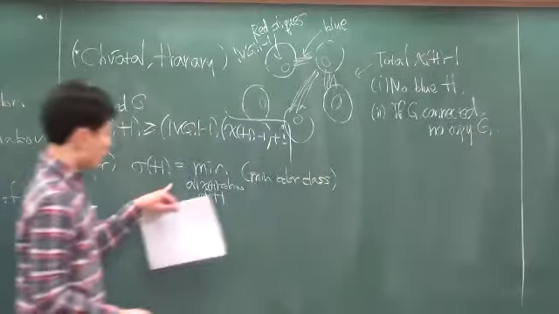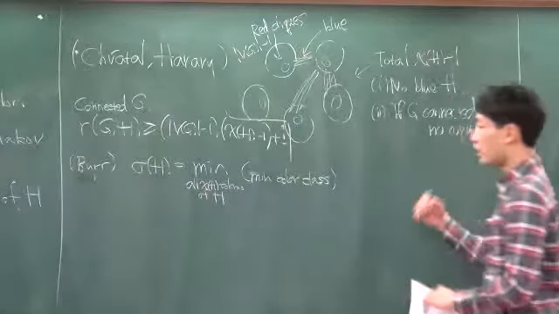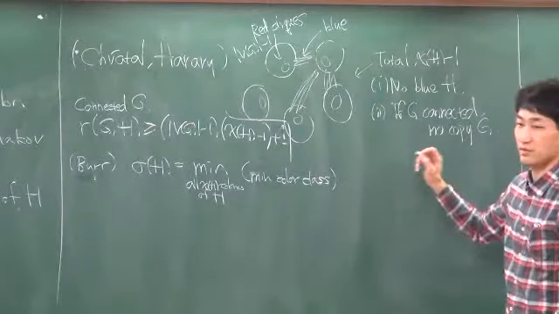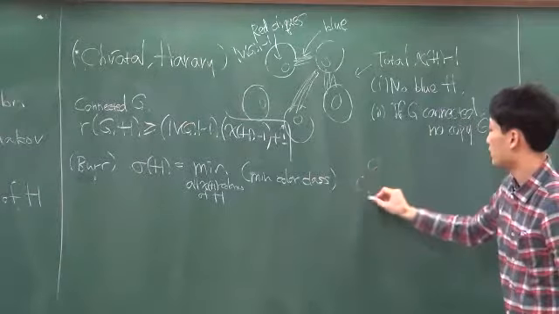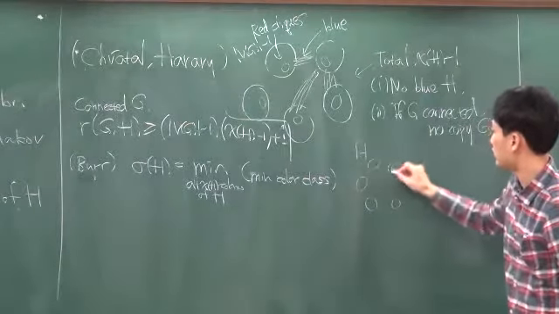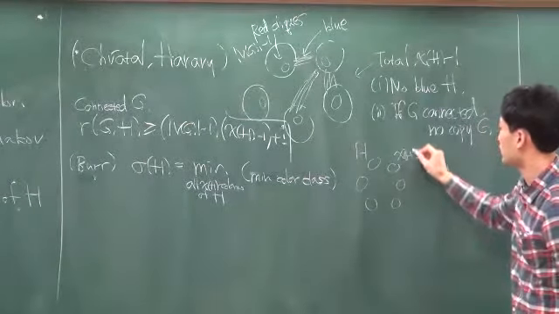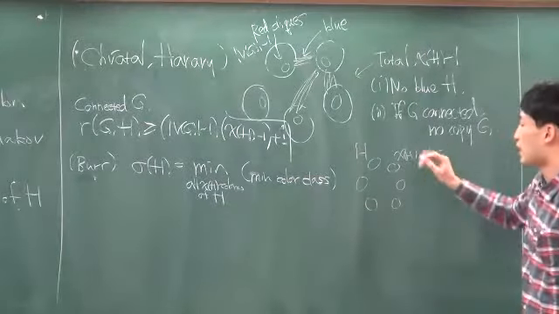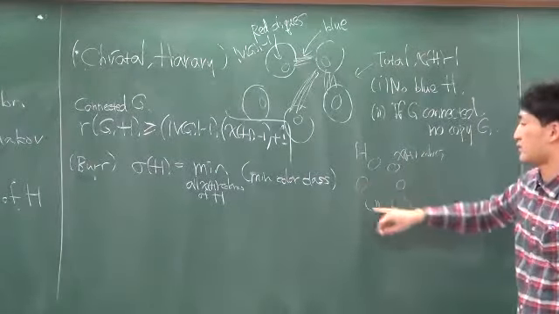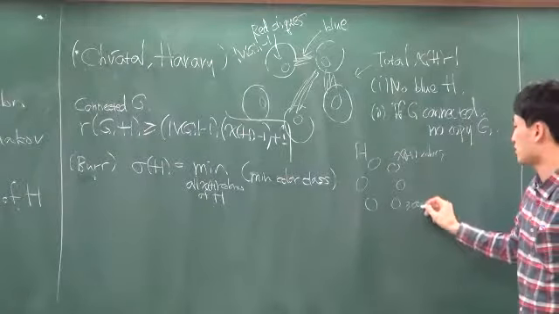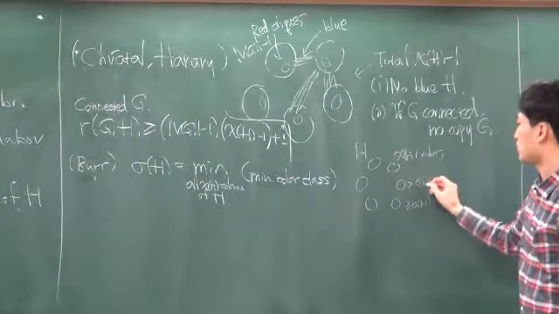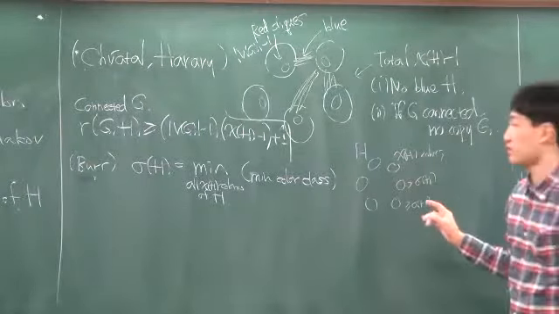So what does it mean? This number means that no matter how we color the vertices of H using chi(H) colors, every part has to have size at least sigma(H). That's what sigma(H) means.